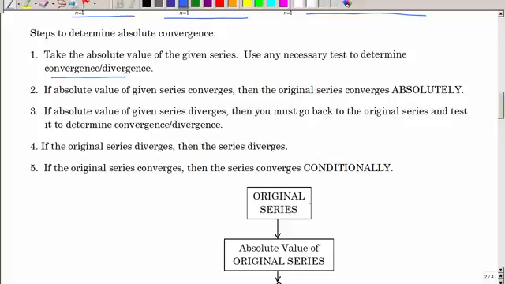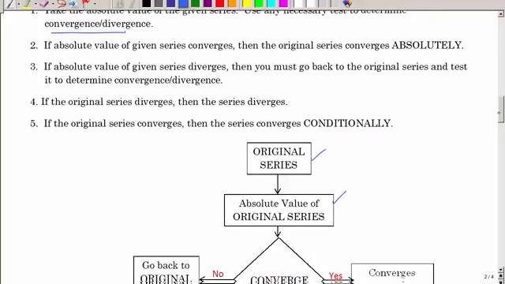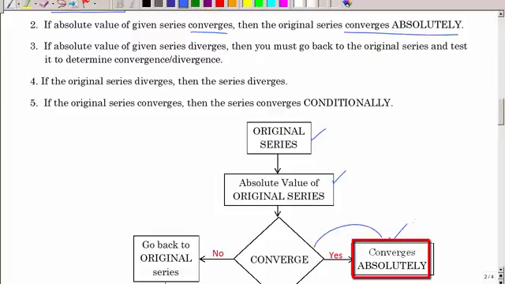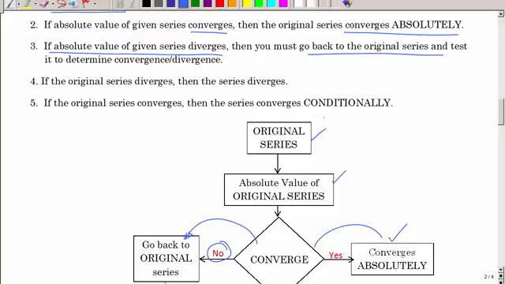Okay, so original series, take the absolute value. What happens? If the absolute value of the series converges, then you're done, it converges absolutely. Yay! However, if it doesn't, then what do you have to do? If the absolute value diverges, then you go back to the original series and test again.